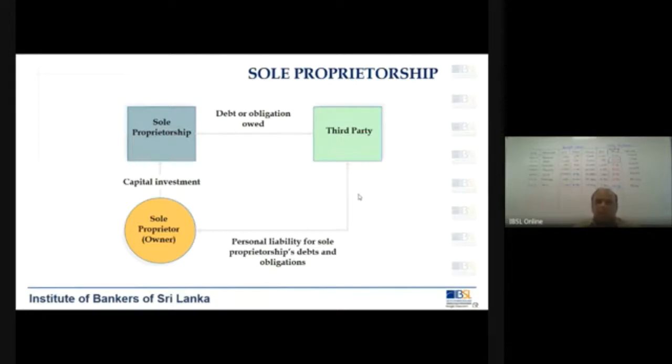Say if I am calling my business ABC Pereira and Company. Now, if I am the ABC Pereira, I have a personal liability for the settlement of debts and any other obligations to third parties. So the third party has every right to claim it either from your business or from you individually.